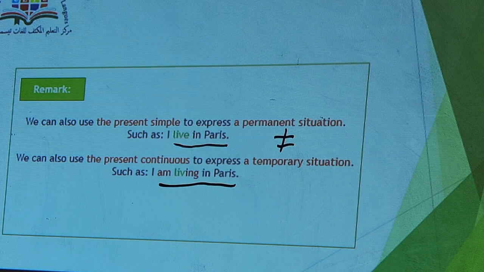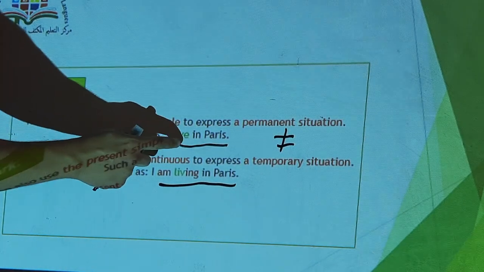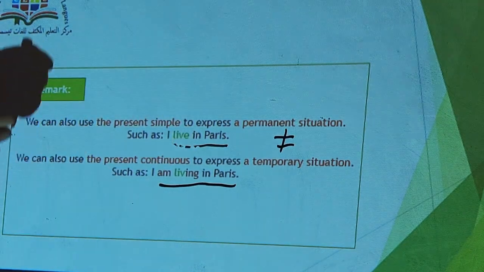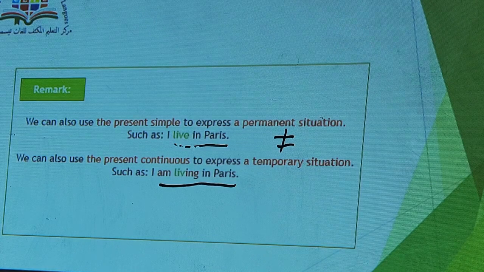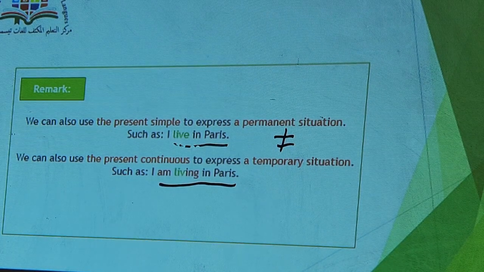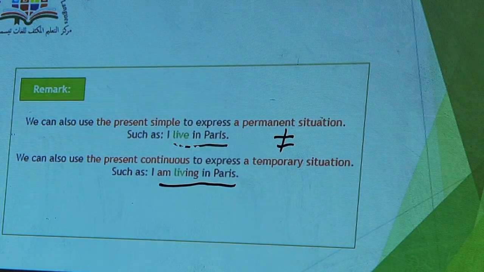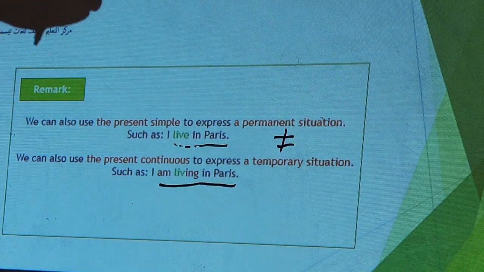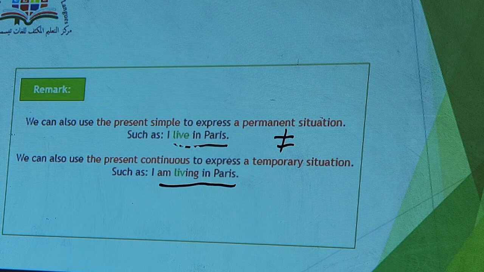I live in Paris. Here we have used the present simple in order to express a permanent situation. What do we mean by a permanent situation? It means that it is a stable situation. It means that I live in Paris and I am not willing to quit Paris.